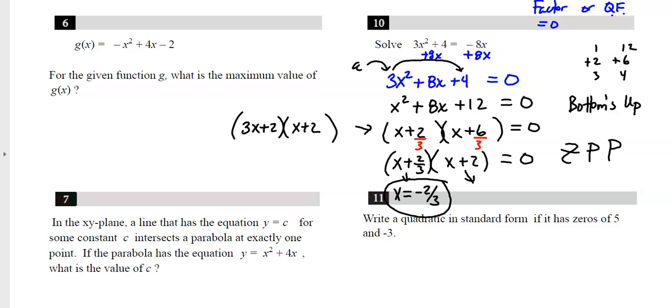And this one is 0 when x is negative 2. It's a little tougher to see when this is going to be 0. You basically have to do some algebra, and you end up with this exact same thing over here. So you kind of chase your tail in a circle. So when you're solving, you don't need to go all the way with bottoms-up factoring.